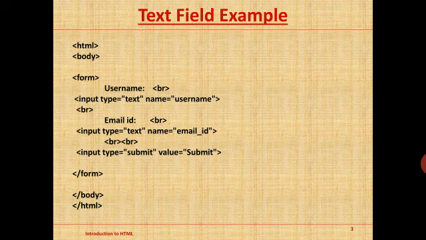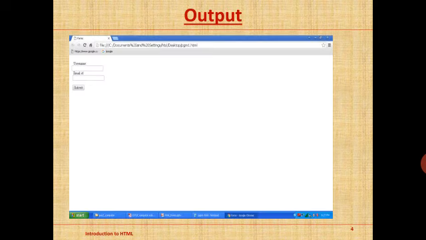When we execute this program in any browser, then the output appears like this. Here we can see the text box with only single line, whereas submit button, if we click on the button, then the form will be submitted.